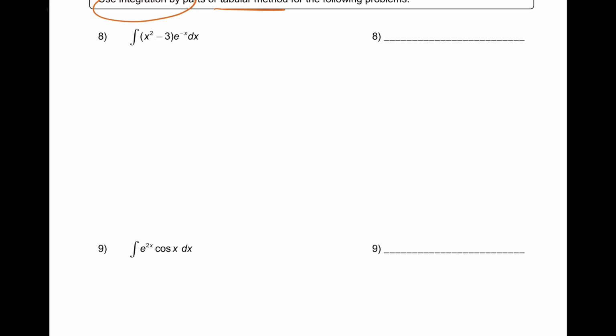If we see that it's going to be multiple iterations, a lot, we're going to use tabular method, especially if one of them is super easy to derive all the way down to 0, and the other one's super easy to integrate multiple times. Like this one, this is a great candidate for tabular.